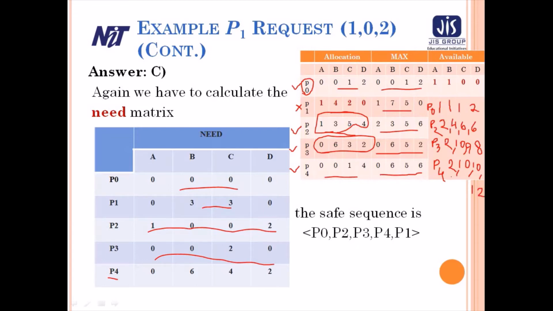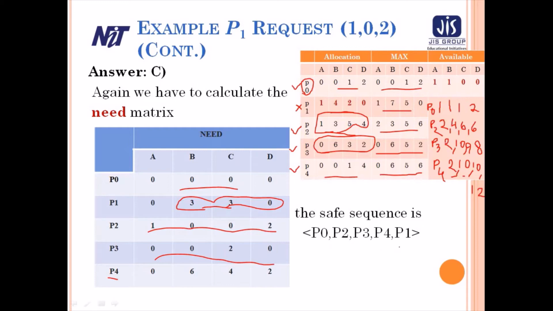So our current available is 2 10 10 12, and the need of P1 is 0330, so we can easily provide it.